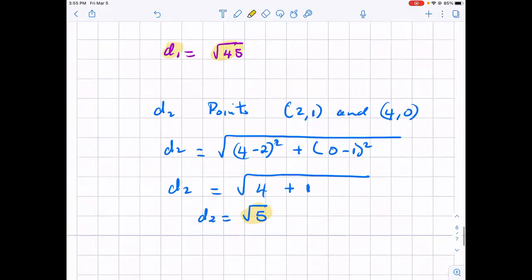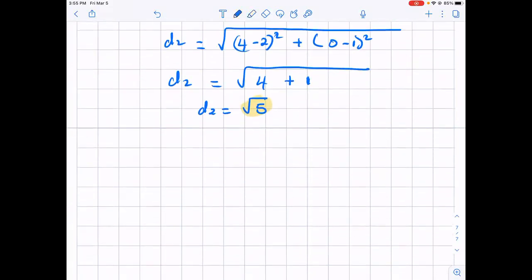And then we have D3. For D3, we have 5, 7 and 4, 0.